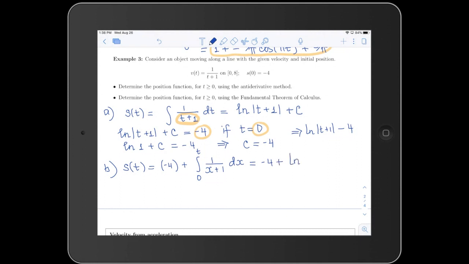Natural log of absolute value of x plus 1. We go from 0 to t. T becomes the variable, okay, plus natural log of absolute value t plus 1 minus natural log of what? 1, but that's 0. So we get -4 plus natural log of t plus 1.